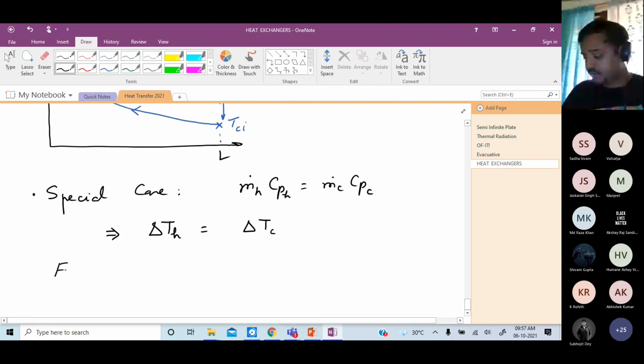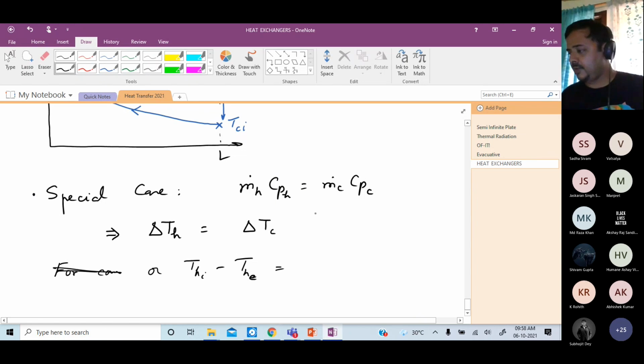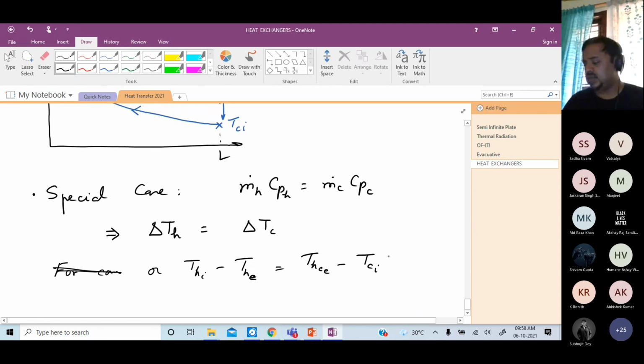So for counter flow, THI minus THE is equal to TCE minus TCI.